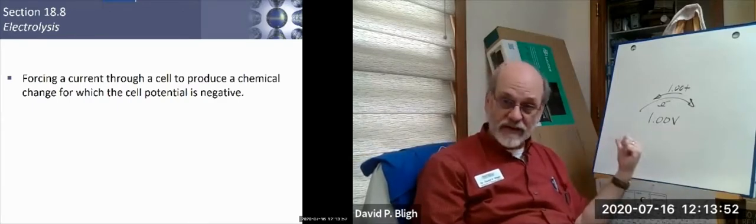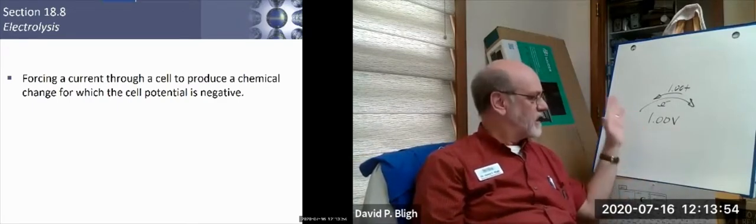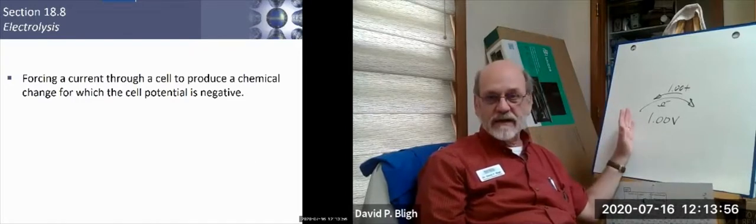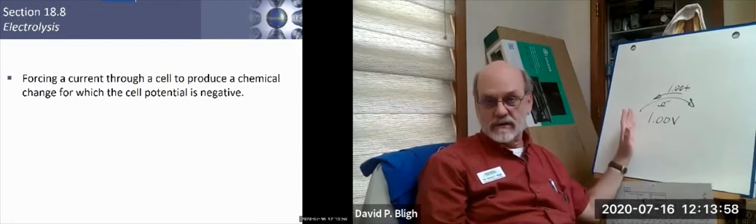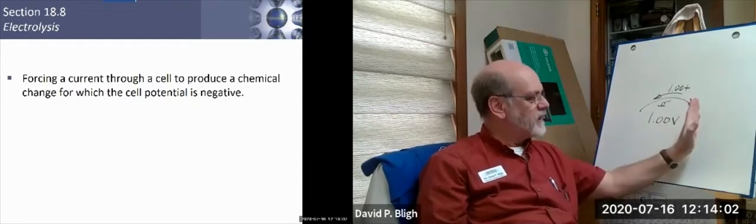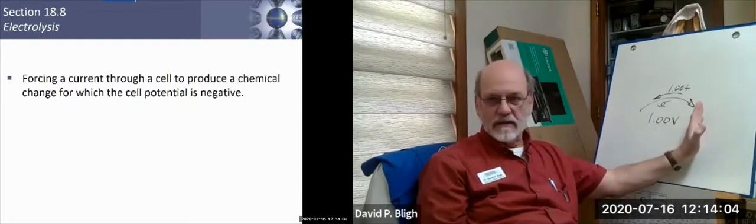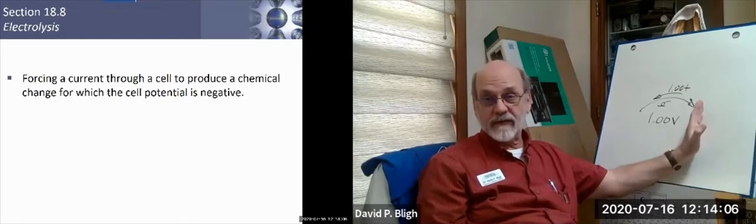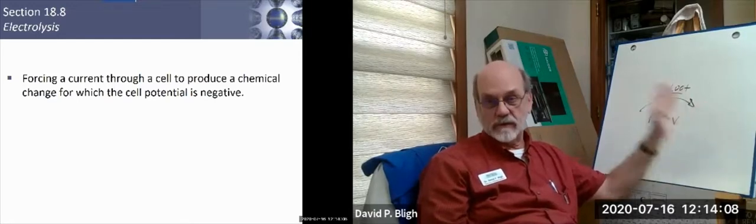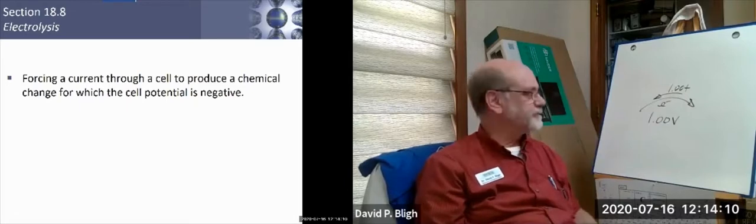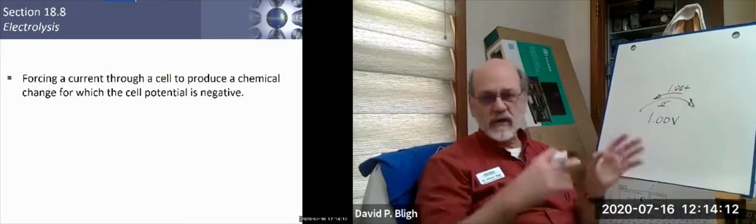If we do that, then the reaction on the anode side will become the cathode. And the one on the cathode half cell will become the anode. It's just running the reaction in reverse.